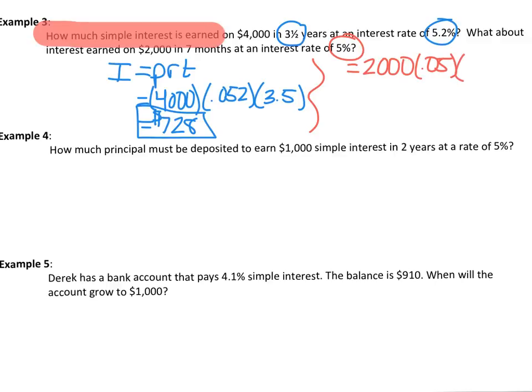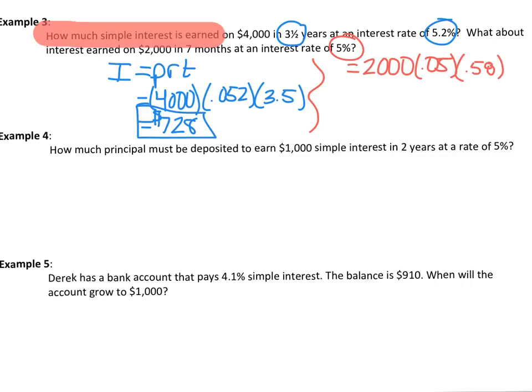Now this one gets a little tricky with the time because it's not in years, and you need your time to be in years. So how do we figure out 7 months in years? Well, we do know that there are 12 months in 1 year. So if I just do 7 divided by 12, that gives me 0.58 years.